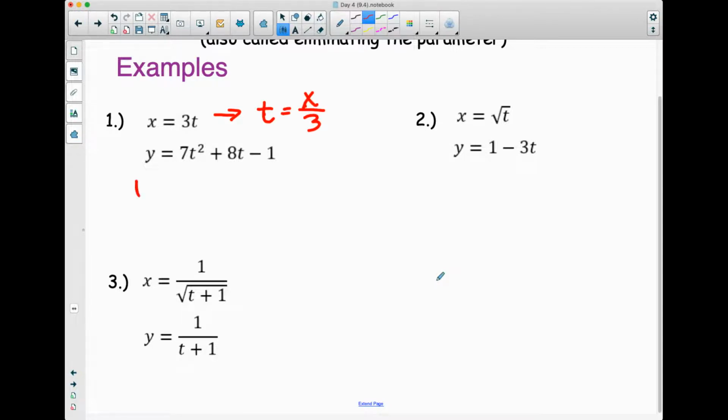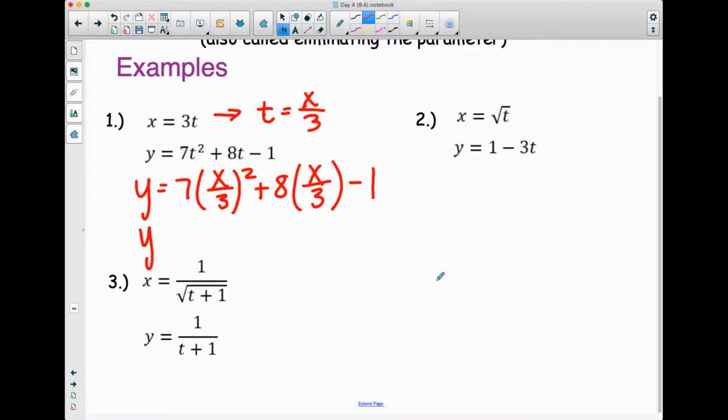And yes, there are fractions, but these aren't too bad to deal with. So this just becomes y equals, we just square the x and the 3, so we get 7/9 x squared plus 8/3 x minus 1.